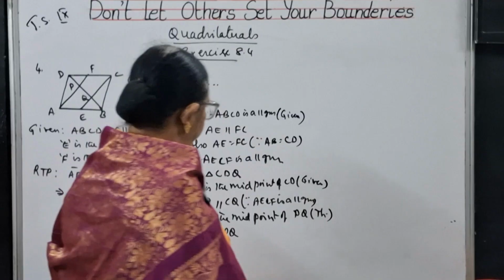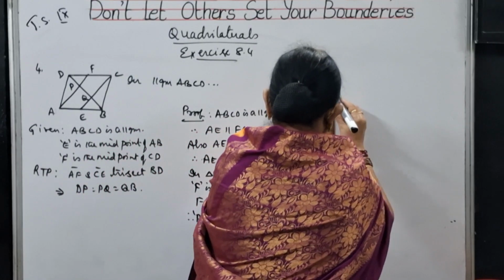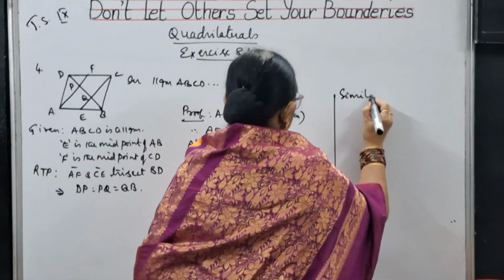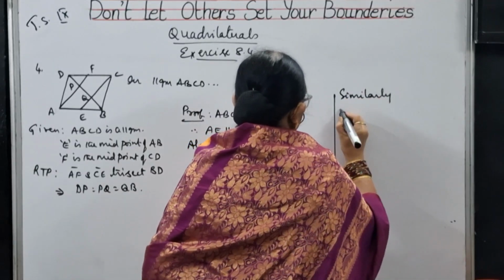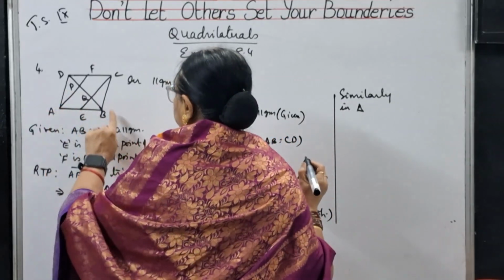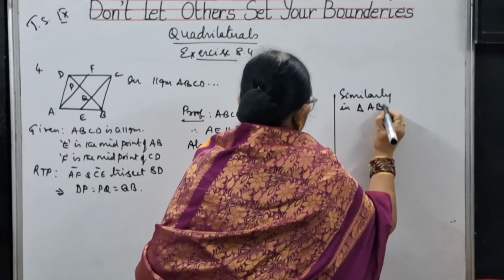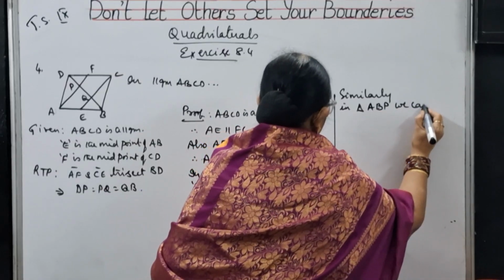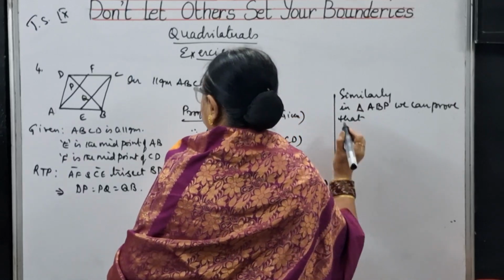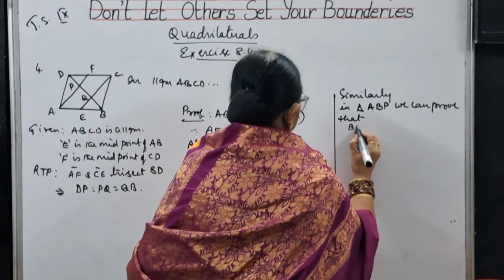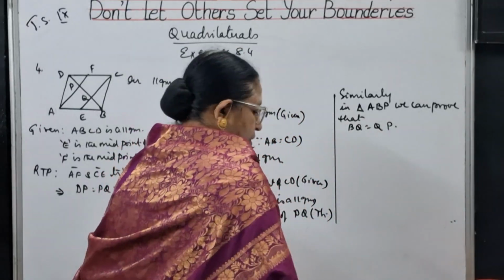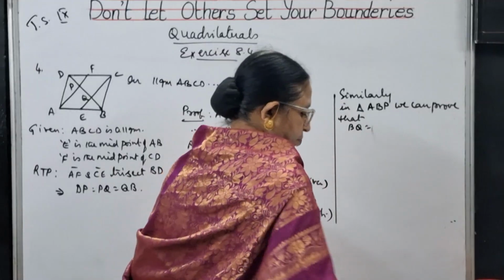Similarly, in triangle, let us take ABP, we can prove that BQ is equal to QP, or PQ.